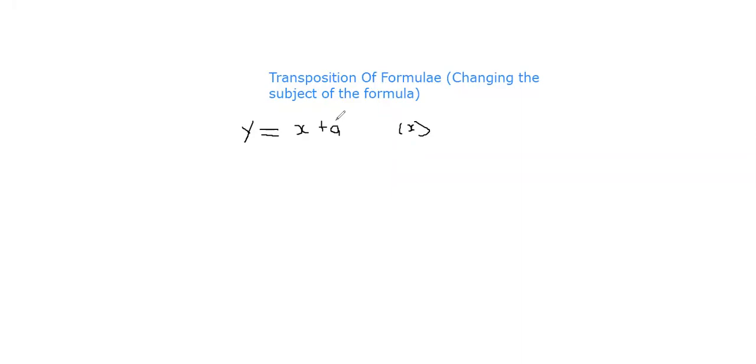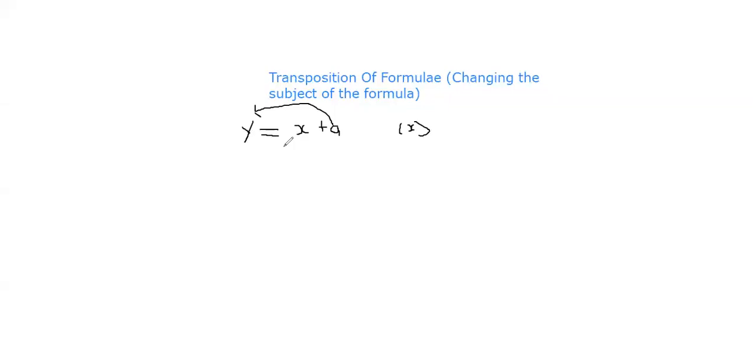We need to carry A over the equal sign. This equal sign is a changer. It changes the operation of the variable when you go over the equal sign.